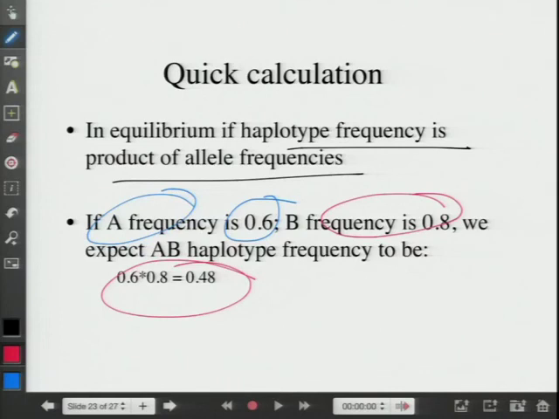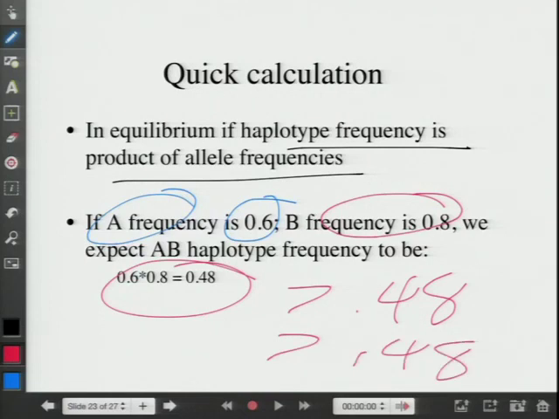They could be found together more likely than you would expect by chance, if this is greater than 0.48, or they could be found together less than 0.48. Either way, it's linkage disequilibrium. It's easy to see, because if they're found together less than you would expect by chance, that means some of the other alleles at these same loci are found together more than you would expect by chance.